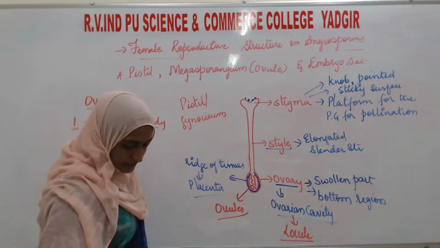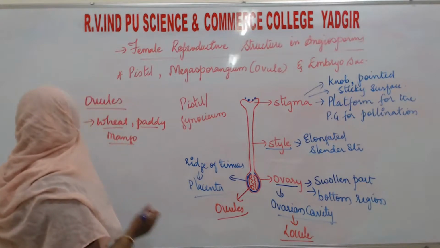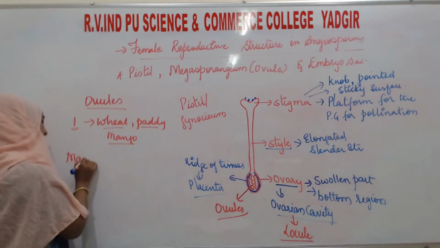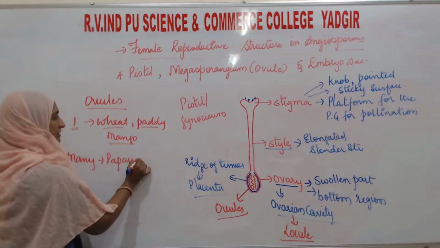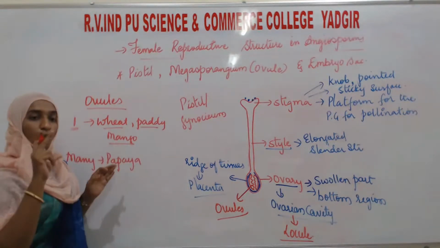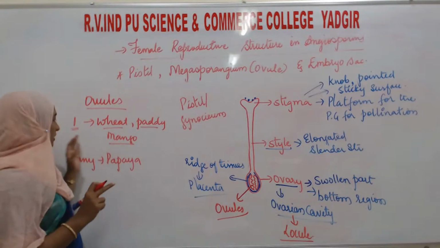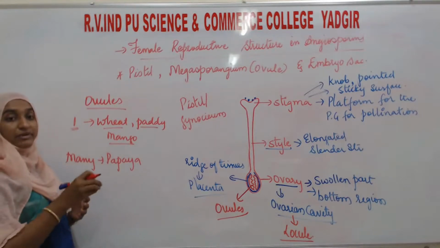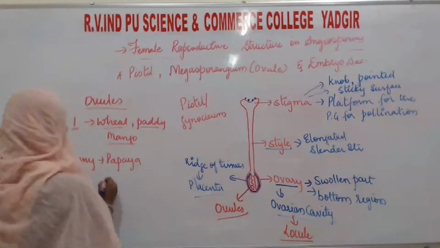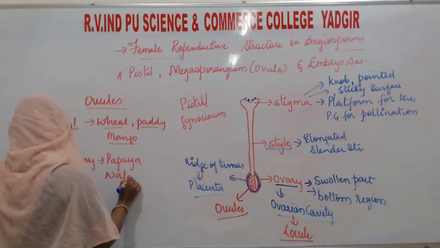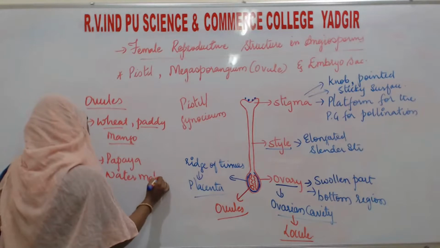And next, it will be many. Many means countless. In mango and others, only one seed will be there, while in papaya you can see many seeds. Examples are papaya, watermelon, brinjal.